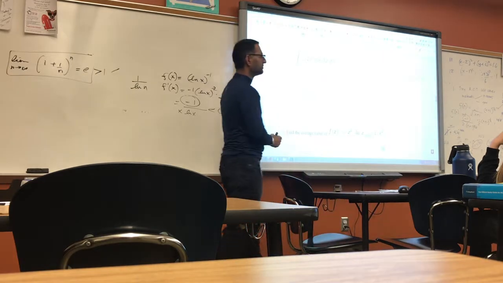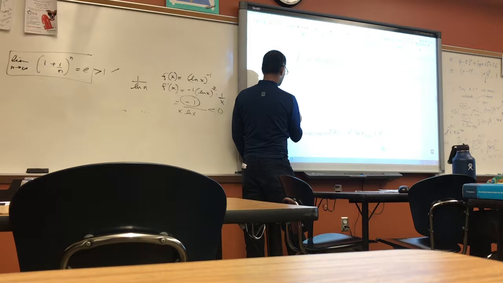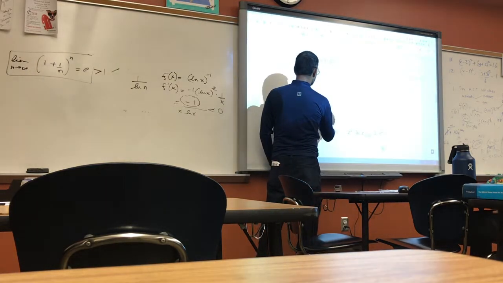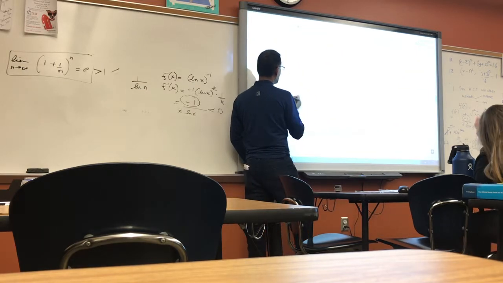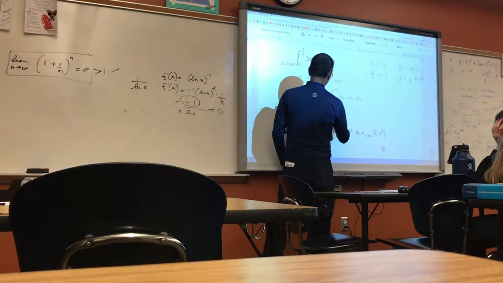Don't be lazy, write the next step. So it's 2 over 3x sine 3x, minus 2/3. And what's the integral of sine 3x? Negative cos 3x over 3.